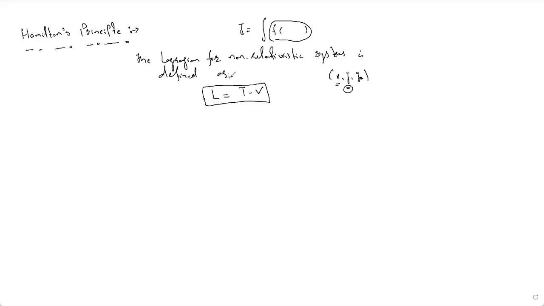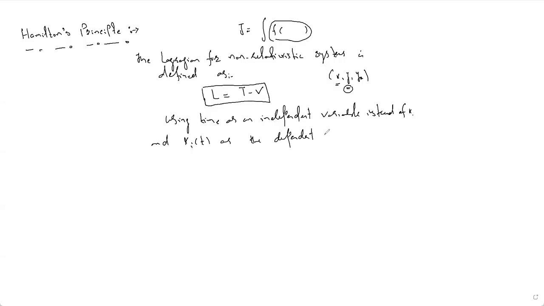Now for this particular system, when my integrand is a Lagrangian, I will use time as the independent variable instead of x, and x_i(t) as the dependent variable.